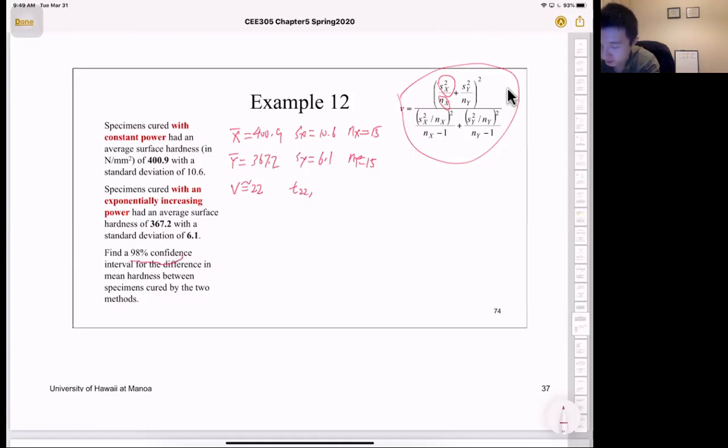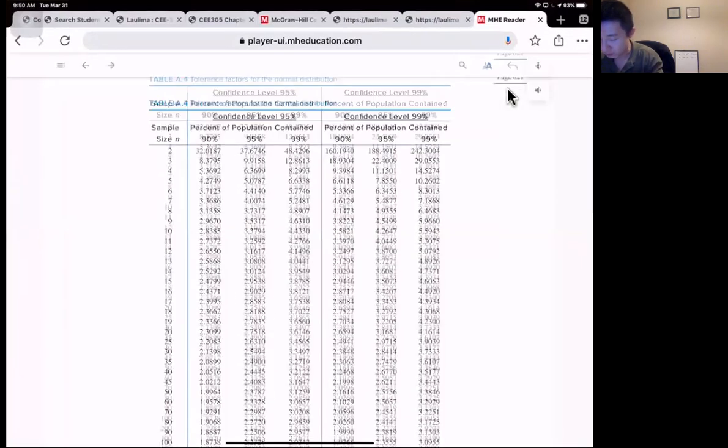We can calculate alpha: 98% equals 100 times (1 minus alpha), so alpha equals 0.02, and half alpha will be 0.01. So based on table 8.3, see table 8.3.